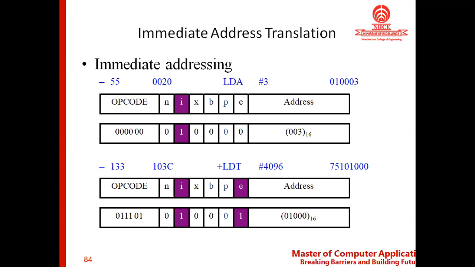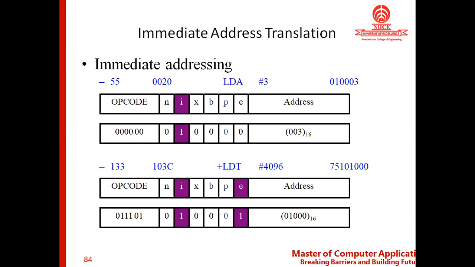So N and I will not both become 1. Instead, N is 0 and I is 1, because it is immediate addressing. There is no indexing, so X is 0, and it is not relative addressing, so B and P will be 0. Since it is format 3, E will be 0.